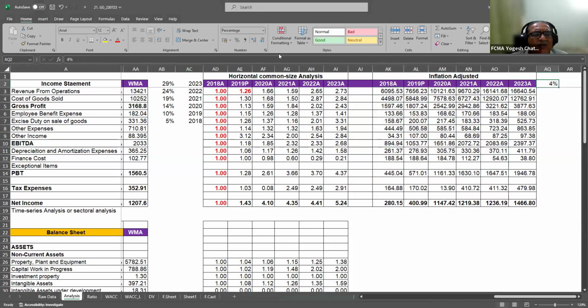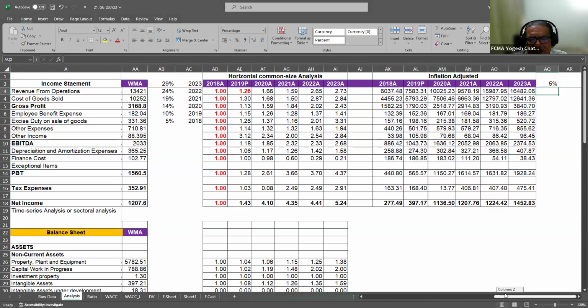So that will also provide us the impact of inflation on the income and cost elements. So that is the inflation adjusted number. We can change this to 5%, and automatically all these numbers will undergo the change.